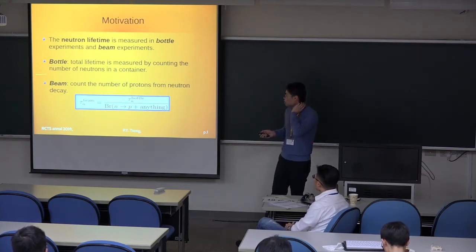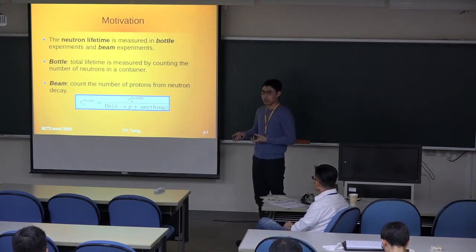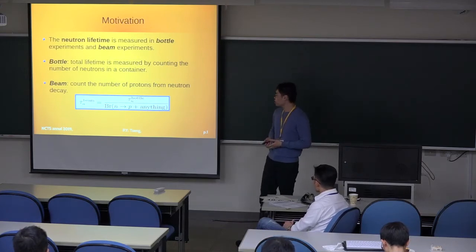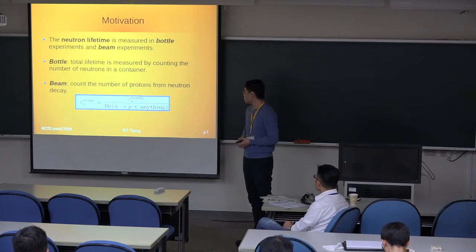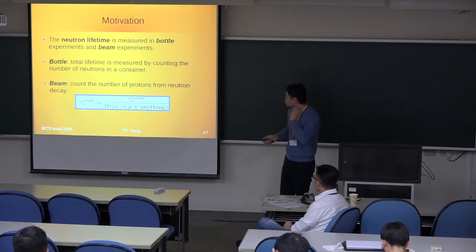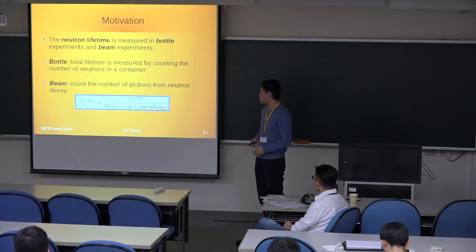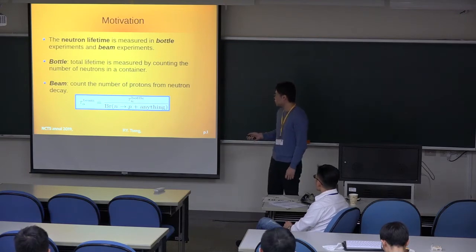For the beam experiment, they prepare a neutron beam, and they detect the proton final state from the neutron decay to proton or anything else possible. So the values from these two measurements are related to the branching ratio of the neutron to proton decay.